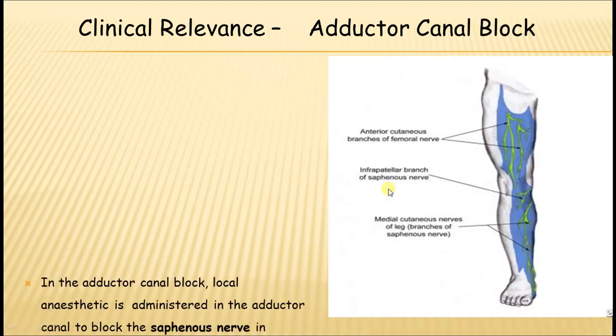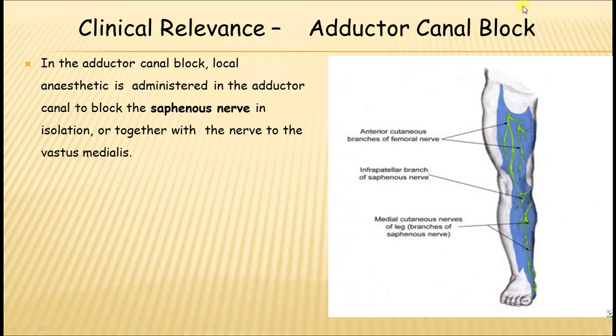Then apart from that, you also have adductor canal block. Local anesthetic is injected in the adductor canal to block the saphenous nerve, thereby anesthetizing the medial side of the knee and also the medial side of the foot.